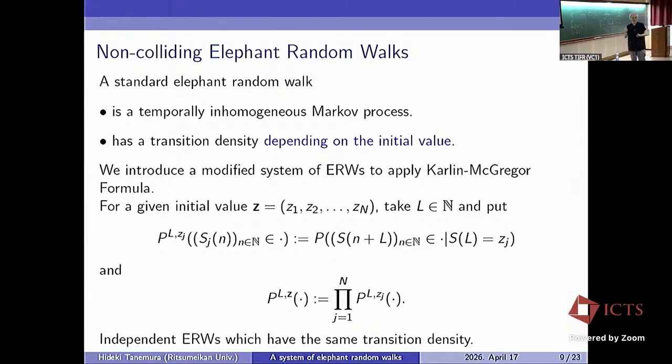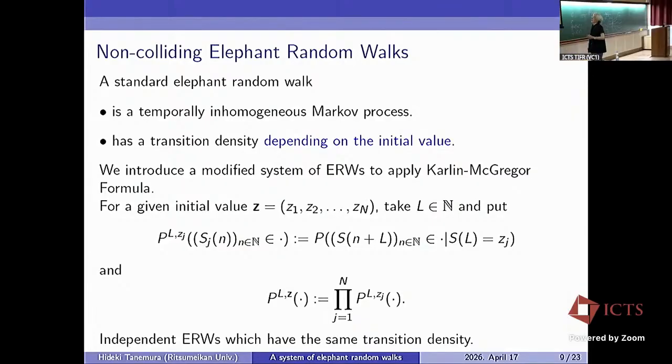This is a problem, because Karlin-McGregor needs the property that if two particles collide, the transition of each particle is the same, because this is a kind of reflection principle argument, and we need the transitions to be the same. But the original elephant random walk depends on the initial value.